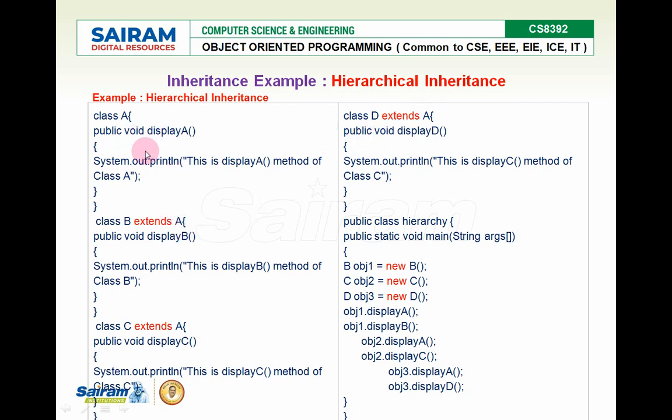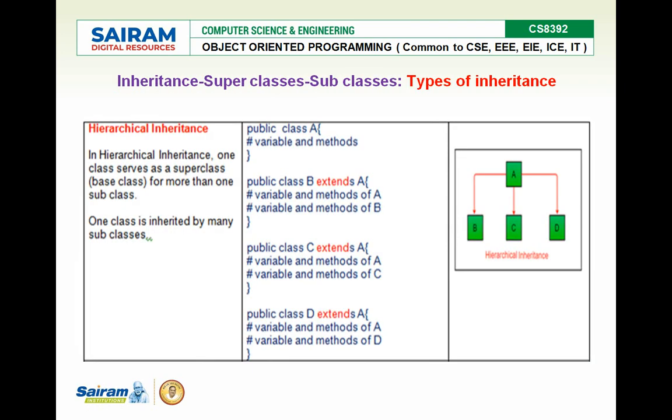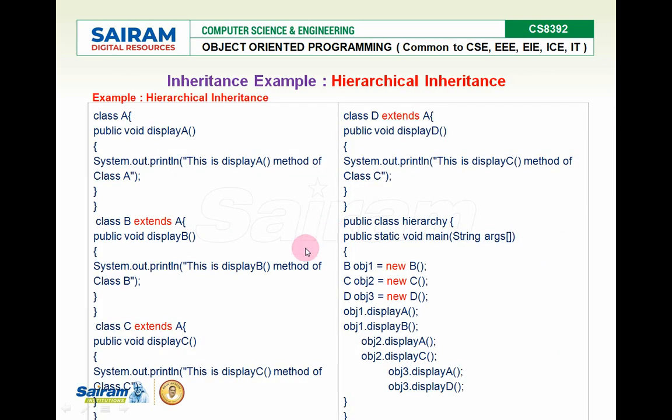So what happens? The displayA function will be inherited by class B, class C, and class D as well. Here you can create objects, because we have a number of derived classes. B, C, D are the derived classes, so you have to create that many objects to access the respective class methods and variables.